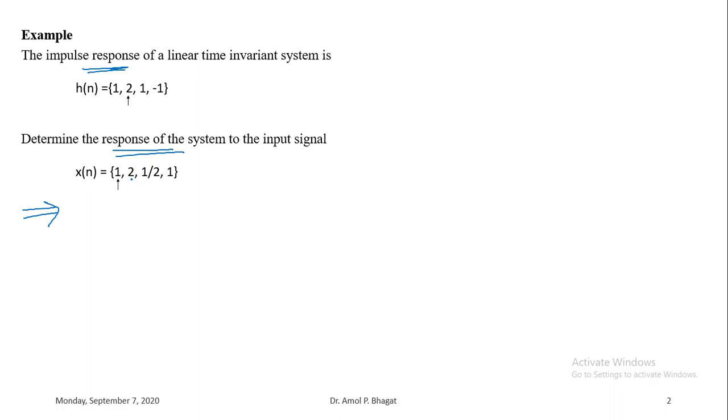For this given input signal and impulse response you have to identify the response of the system, that is y of n. This can be identified by using the convolution summation formula, that is summation k equals minus infinity to infinity x of k into h of n minus k.